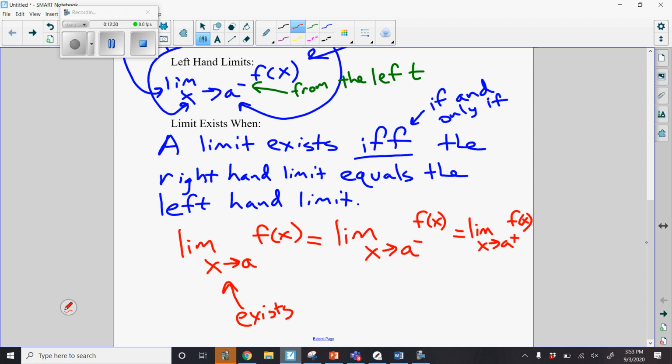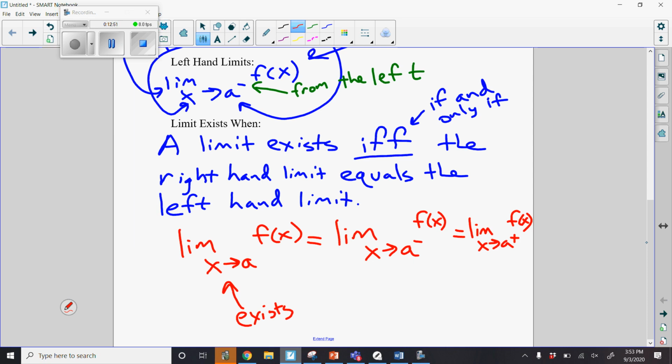So if the left-hand limit and the right-hand limit are equal, then the limit exists, and that limit equals whatever both the left and the right-hand limits were. For example, if the left-hand limit was 4 and the right-hand limit was 4, the limit then as x goes to a of f of x would also equal 4.